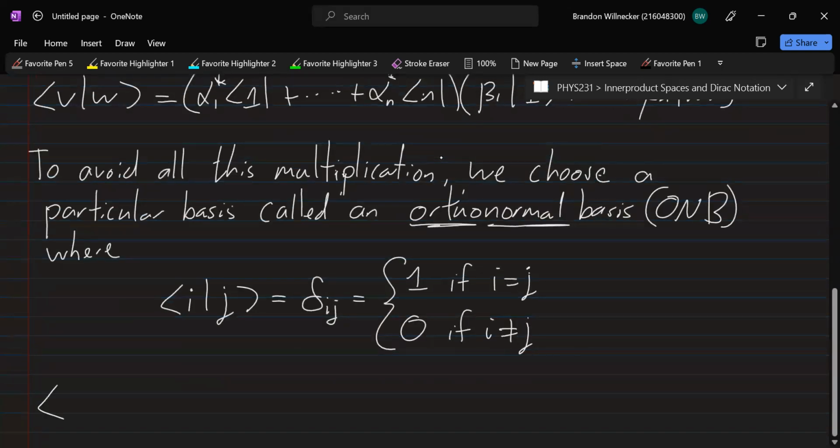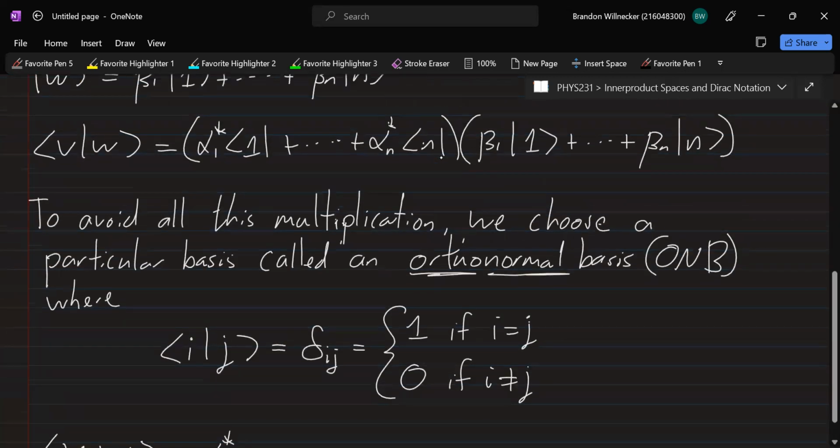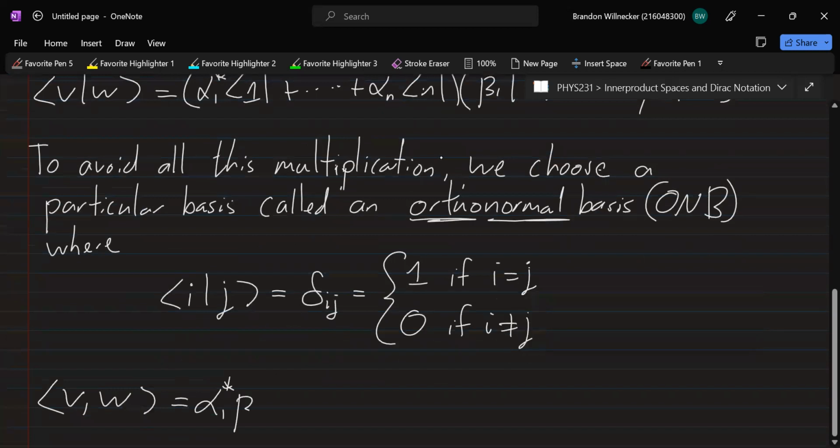Okay, so provided we have an orthonormal basis, V with W is going to be equal to alpha 1 star beta 1. And then the 1 with the 1, that's just going to be 1, so we can leave it out. Then we're going to have alpha 2 star beta 2, again, because the 2 and the 2 gives us 1, so we can leave that out. Plus, and then the same thing happens for all the terms up to alpha n star beta n.